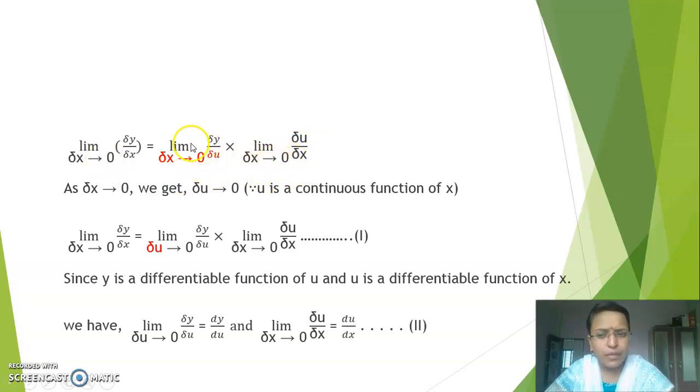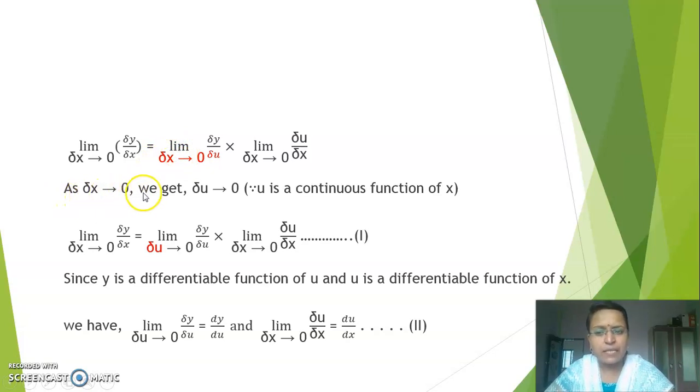But observe that in the term delta y by delta u, with respect to delta u, we have limit delta x tends to 0, and therefore this term can be changed. Why? This delta x can be converted into delta u, because we are given u is a differentiable function of x, and therefore instead of delta x we write delta u.